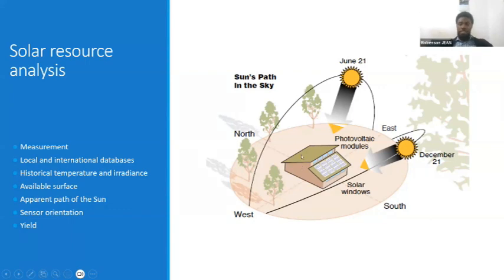Some tracking systems exist with one axis or two axes, but otherwise, to have the maximum captation on a day, we should put the collector at an angle equal to the latitude of the place.